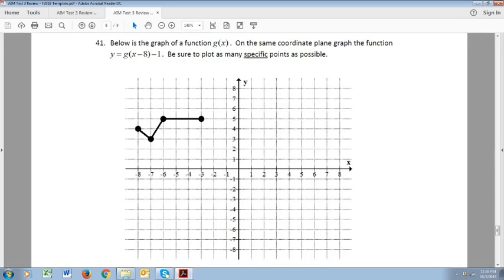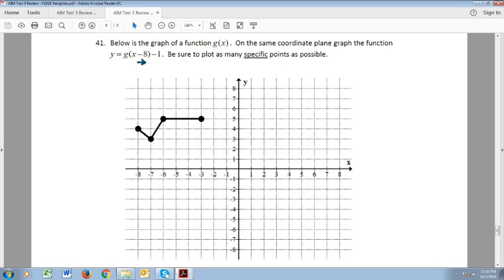All right, on number 41 it says we've got this graph, and we're supposed to adjust it according to the shifts here. It says y equals g of x minus 8 minus 1. We know that minus 8 is inside with the x, so that's going to cause a horizontal shift.